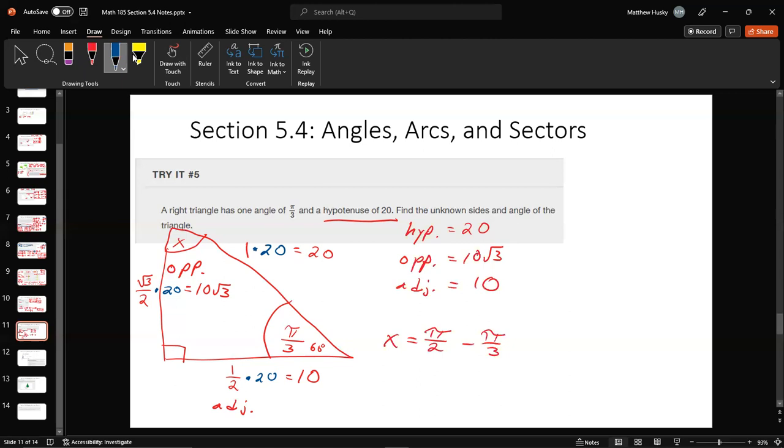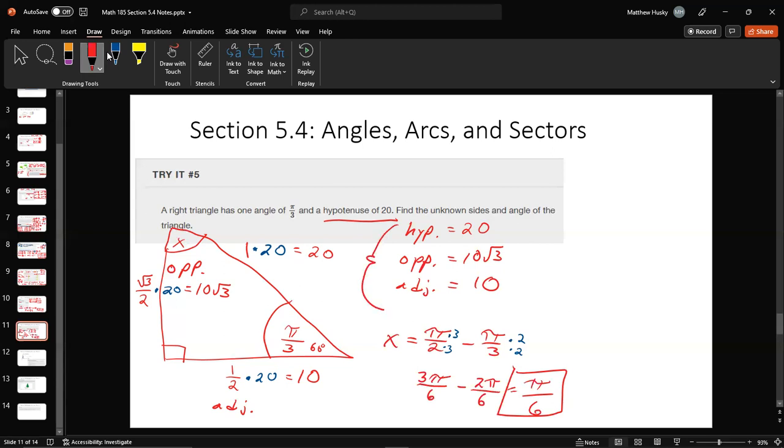If we get a common denominator, multiply this by 3, multiply this by 2, that will give you 3 pi over 6 minus 2 pi over 6. 3 minus 2 is 1 pi over 6. So the missing angle is pi over 6. And then we have the 3 sides right there, 10, 10 root 3, and 20. All right, so we know all the missing pieces of that triangle.